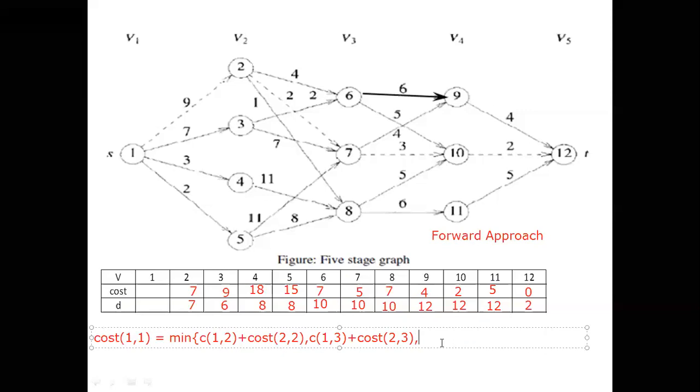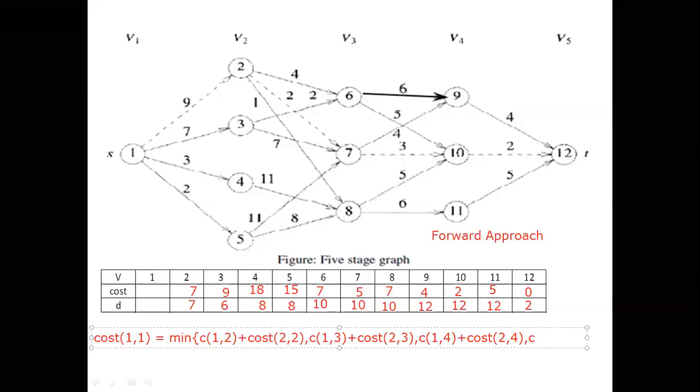We have to calculate for 1, 4. C of 1, 4 plus cost of 4 we calculated. Cost of 2, 4, right? 2 is the stage and 4 is the vertex. And the last one, comma, for 1 to 5, right?